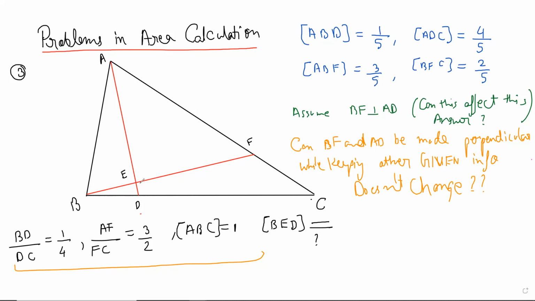Right now, if they are not perpendicular, let's say they are like this at some angle, can you make them perpendicular without changing the ratio? Area is a very loose thing.